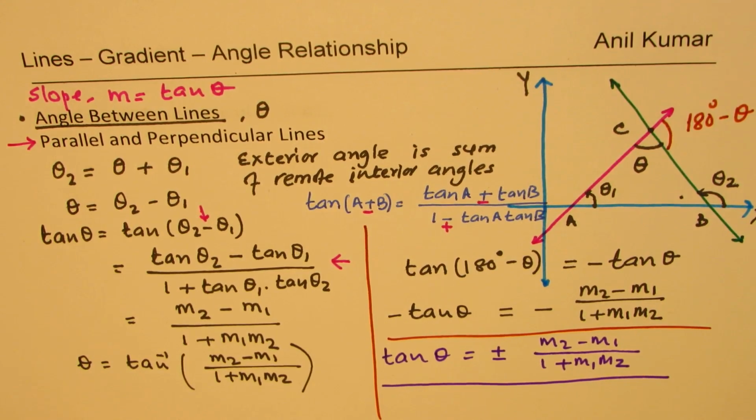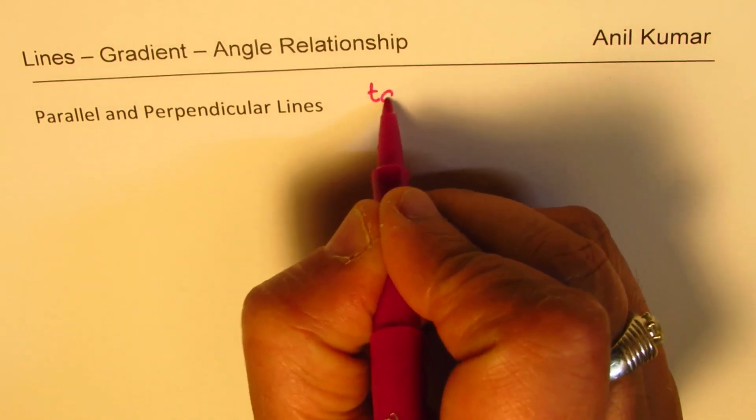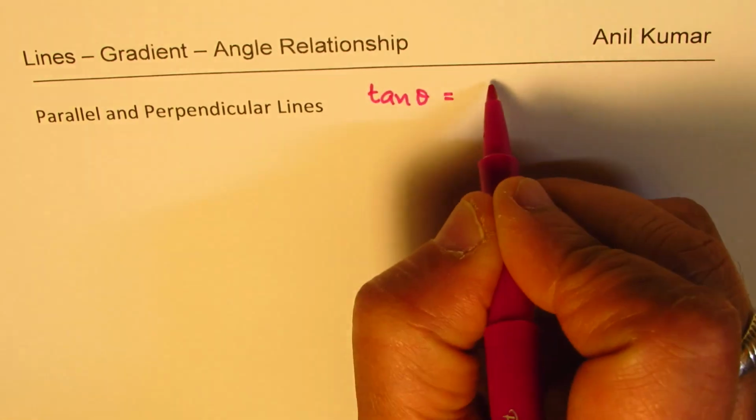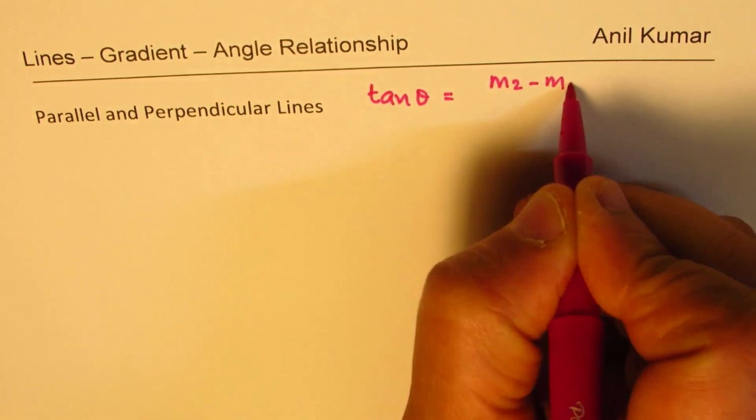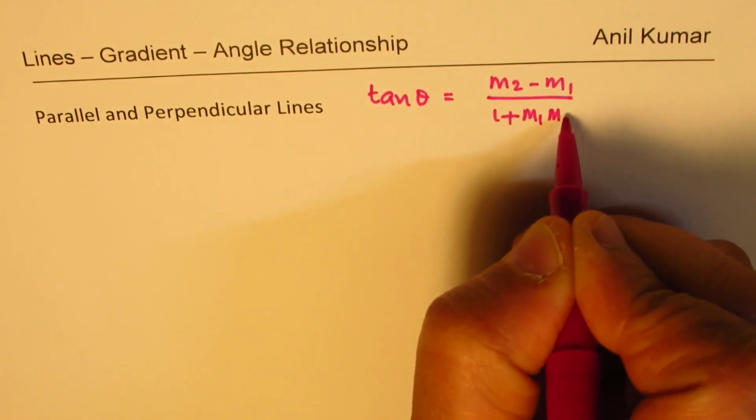So we'll begin with the given formula here, which is tan theta equals plus or minus the difference of their slopes divided by 1 plus the product of their slopes, correct? So let me write down the formula here once again. So basically we have tan theta equals (m2 minus m1) over (1 plus m1 m2), right?